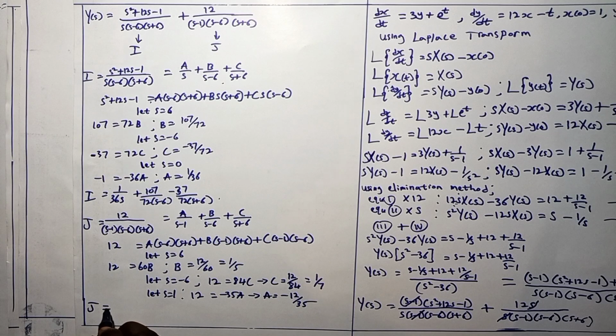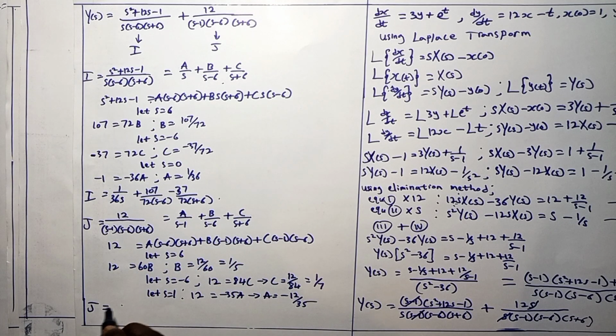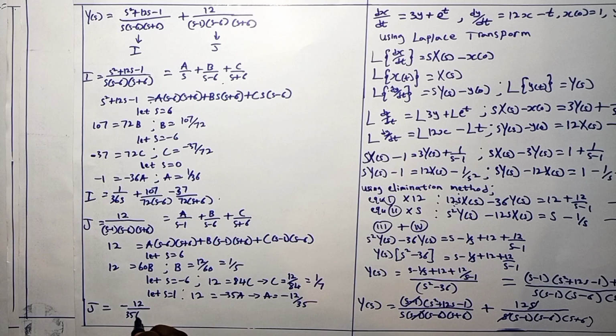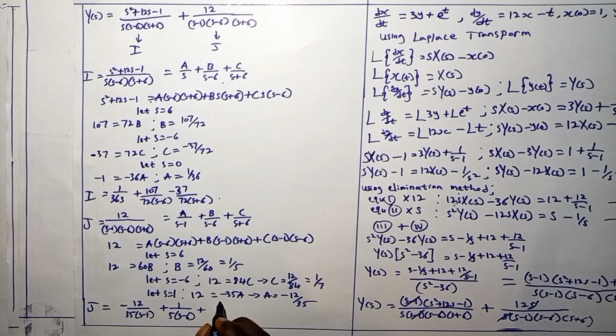So our J will be what? Inserting the values of A, B, and C, our J is minus 12 over 35(s minus 1) plus 1 over 5(s minus 6), then plus 1 over 7(s plus 6).